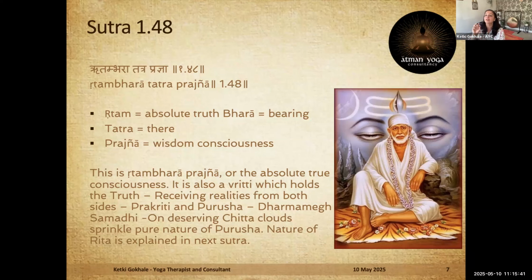This vritti is not leading to any suffering, but it is the foundation to go beyond even that vritti. Okay, Ritambhara Tatra Prajna. Prajna is the higher intelligence or wisdom, receiving realities from both sides. Now, at this higher intelligence or wisdom, you are getting realities from both sides, Purusha and Prakriti, and you are able to distinguish between them.